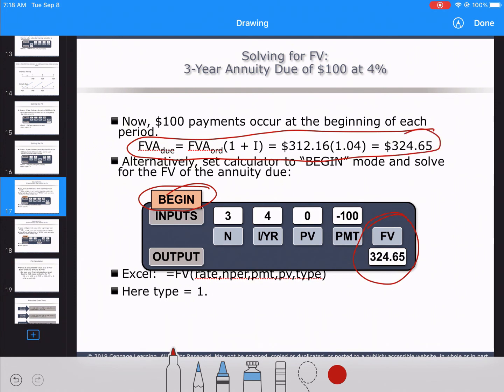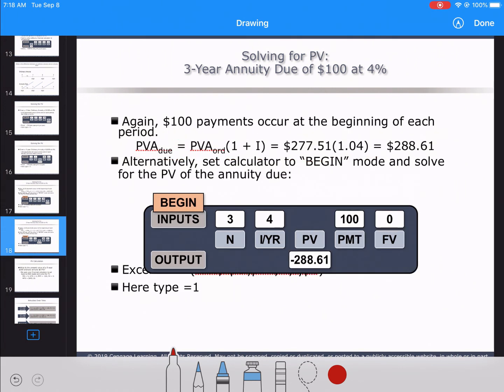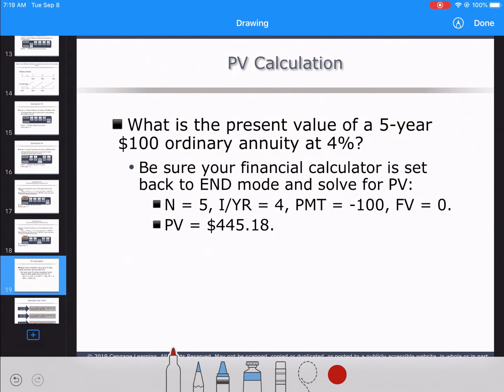So here it is. They also say that this can be done this way. So we do the same thing with the present value, and again you can do it this way: you do the ordinary annuity and then you multiply it by 1.04. All right, now let's go back to doing present value calculations.